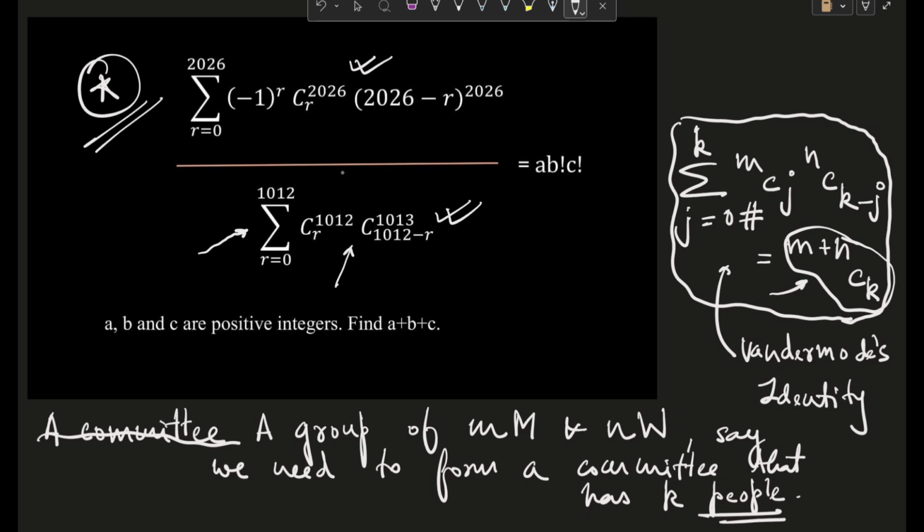Basically, I wrote this because if you actually observe, this is our M, this is our N. Now M plus N, and the summation is also on our M. That is a pretty noteworthy point.